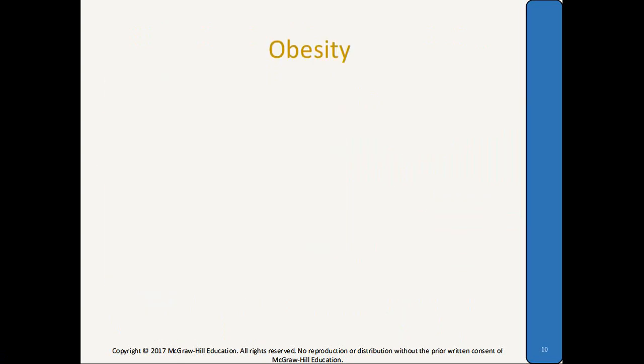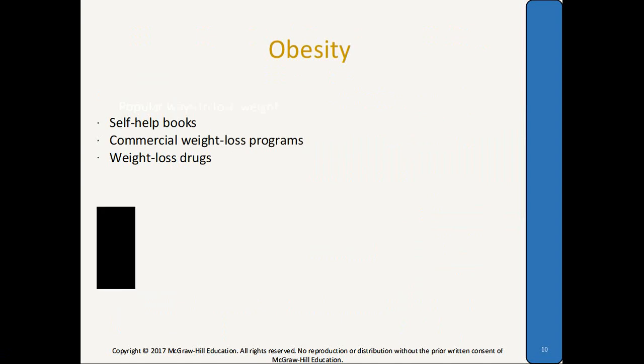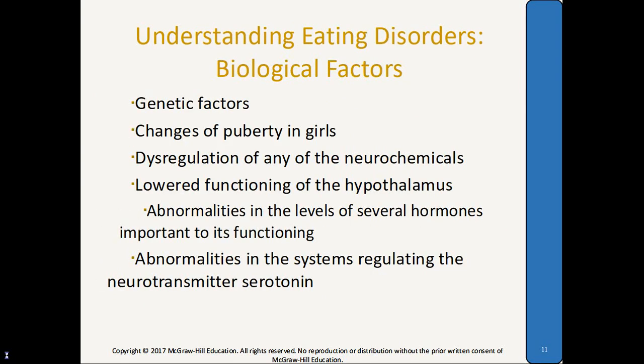We're going to skip over the slides on obesity, and I want to bring you to understanding the cause of eating disorders. So there's been a number of biological, sociocultural, and psychological factors that have been implicated in the development of eating disorders. Some of the biological factors include genetic factors. Like most psychological disorders, eating disorders run in families.